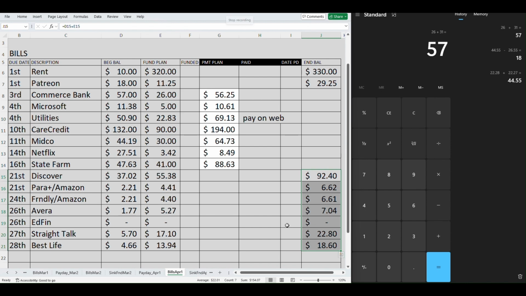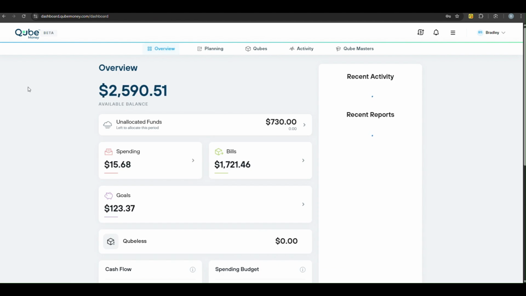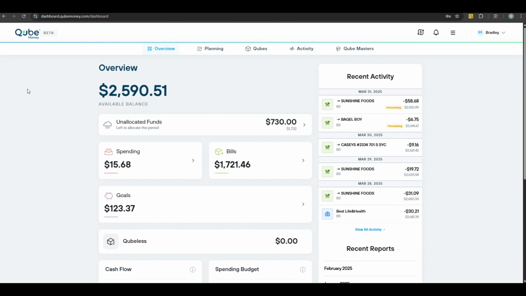Now, I found in Qube that there is an area for you to be able to work through your budget, and it's the planning area. And in that area, you can auto-allocate money to come out and to be put into cubes or envelopes automatically on specific dates.